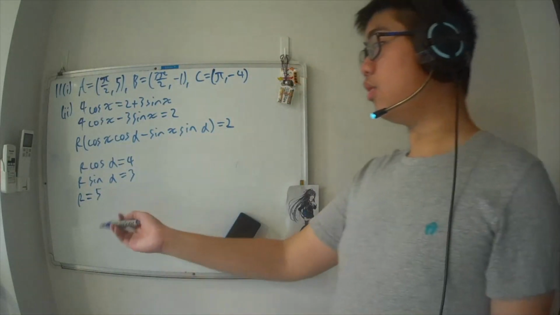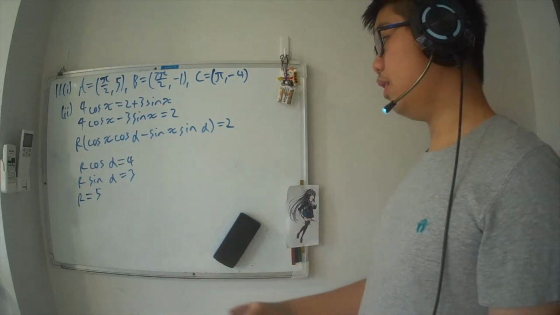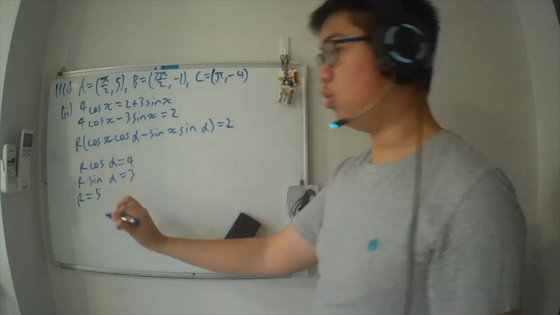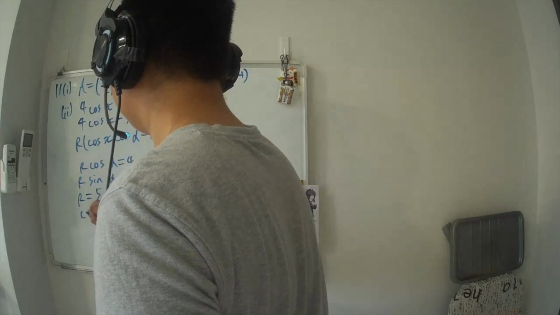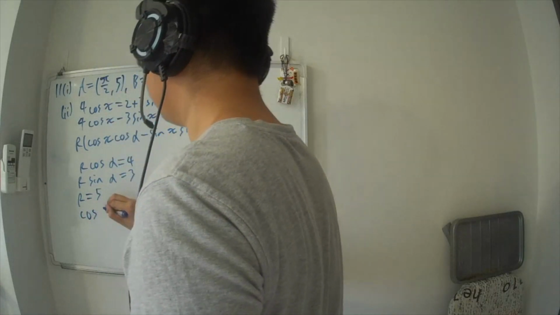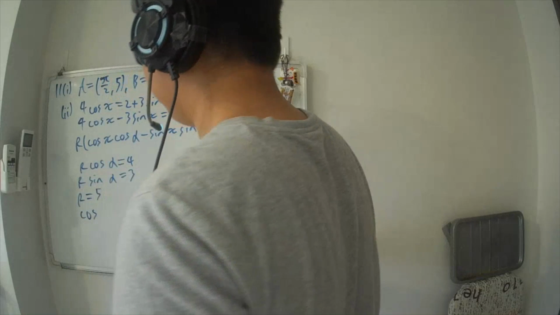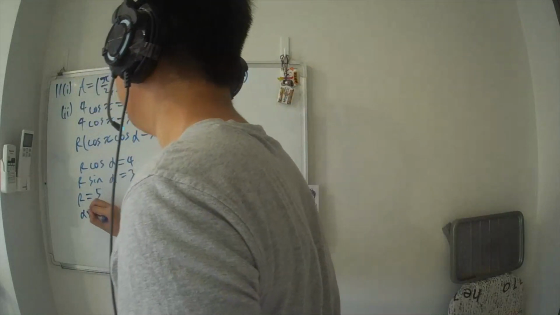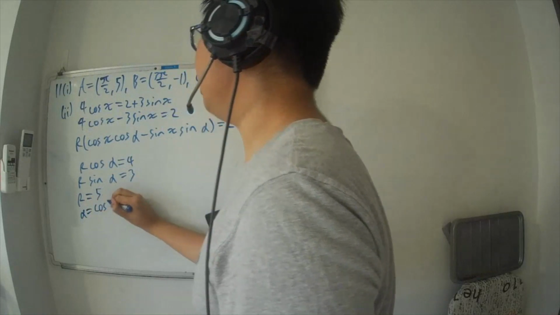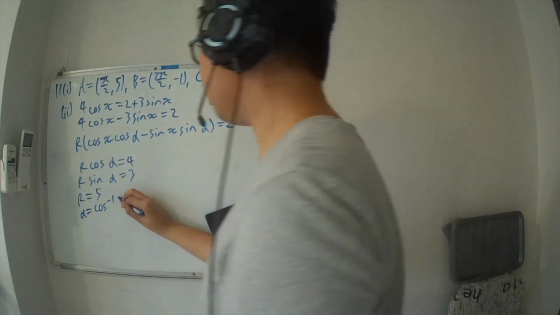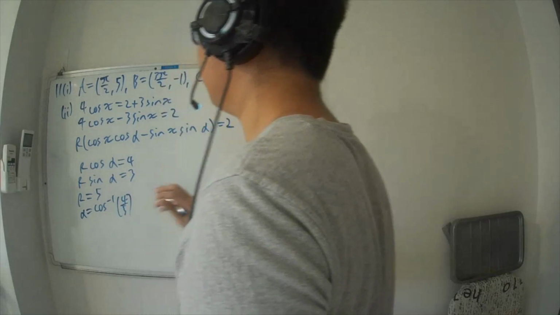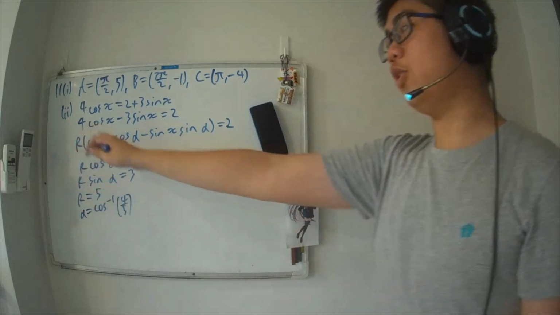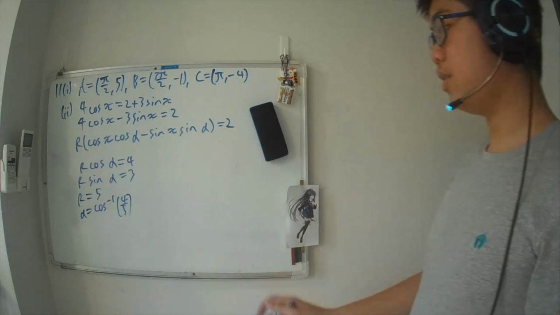So R is equal to 5, and then α will be cosine inverse of 4 over 5, right? But we don't want the 5 here, we want it to be 1 in the front. So let us express this.